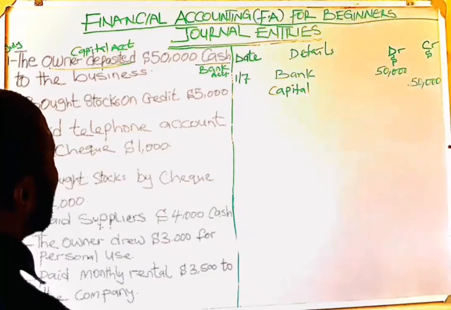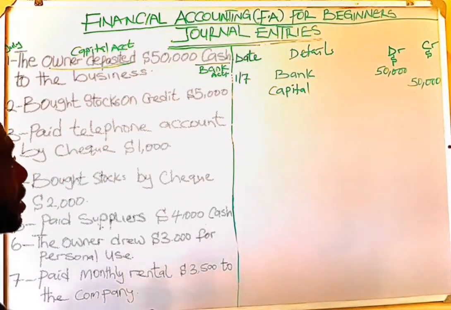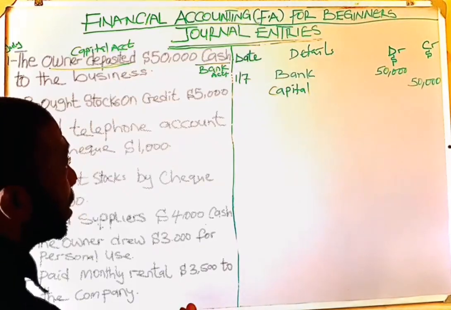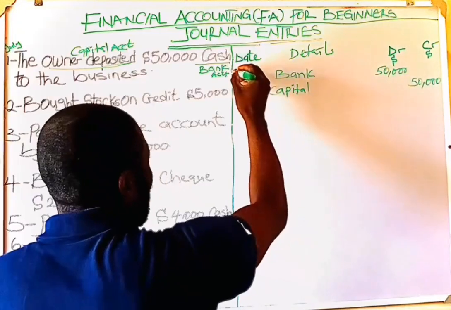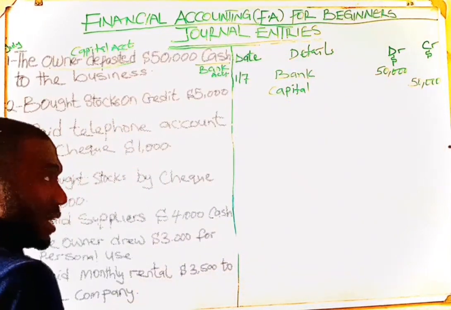Another thing in your journal entries is the narration. You tell people the reason for the accounts that appear in the journal. The narration differs, but all capture the same thing.